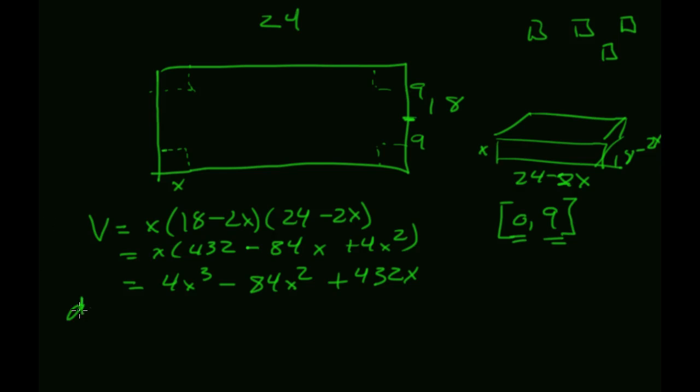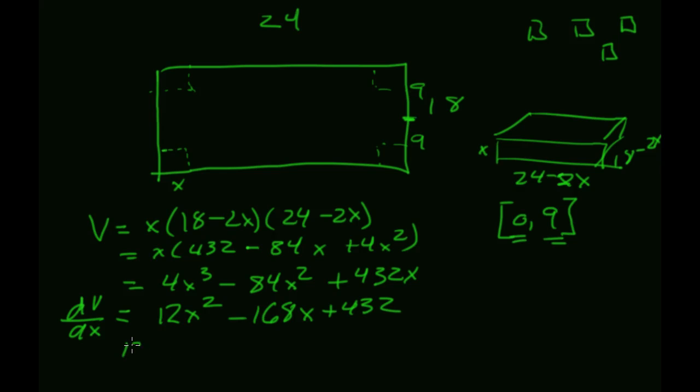All right, so let's take dV/dx to figure out where the derivative is 0. This is going to give me 12x squared minus 168x, and plus 432, right?